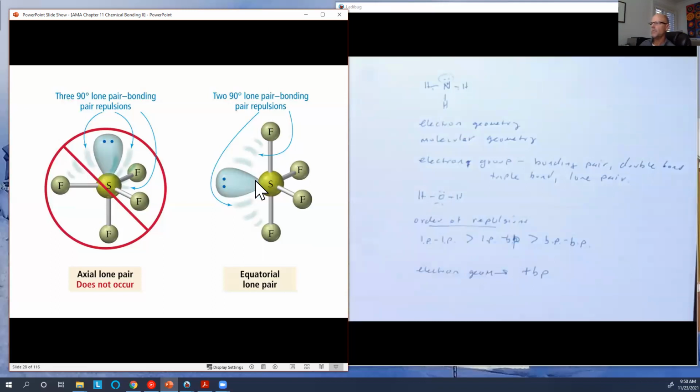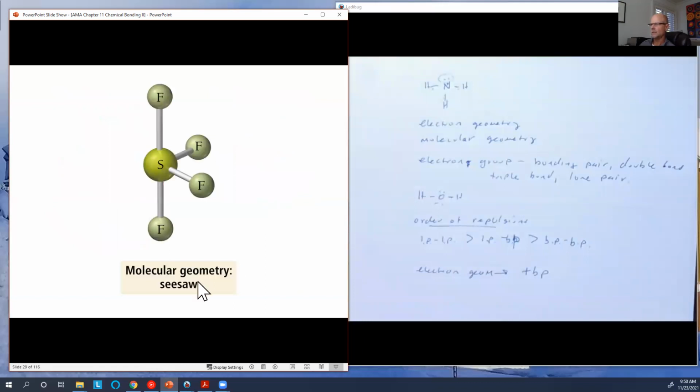But if you put the lone pair on an equatorial position, it only experiences 2 90-degree lone pair bonding pair repulsions. So this turns out to be the more stable orientation. So when you have 5 electron groups and 1 lone pair, you get this geometry, which is called a seesaw geometry. Why? Because if you turn it this way, it kind of looks like a seesaw, right? Go back and forth.